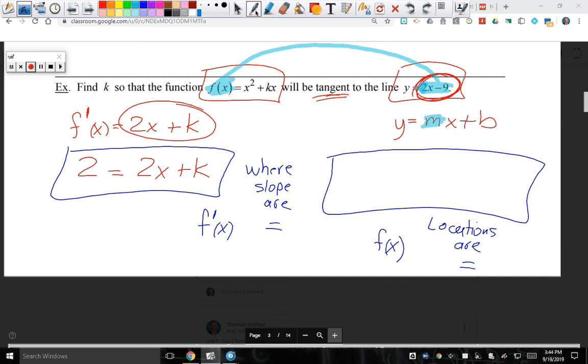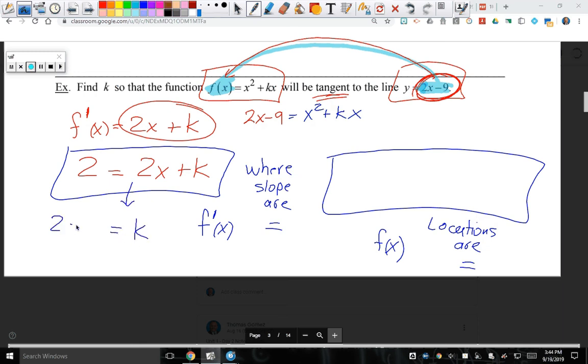You with me? Here we go. So 2x minus 9 is y, otherwise f of x. And it's equal to x squared plus kx. Christian already said it. I still have two variables. But if I use this and I solve for k, I now can write k in terms of x.